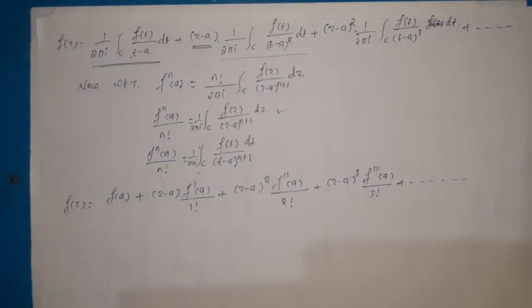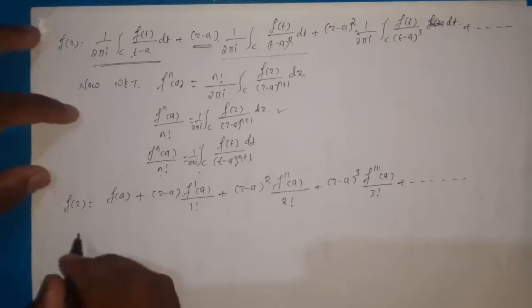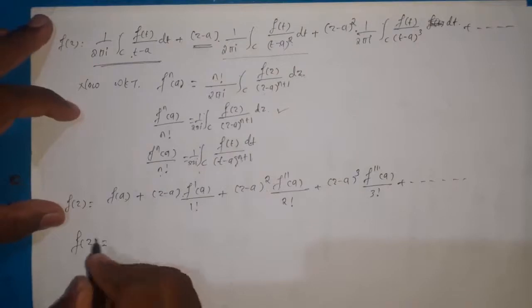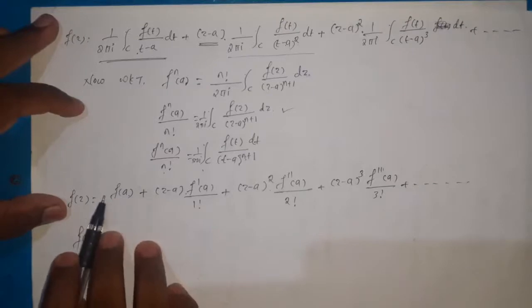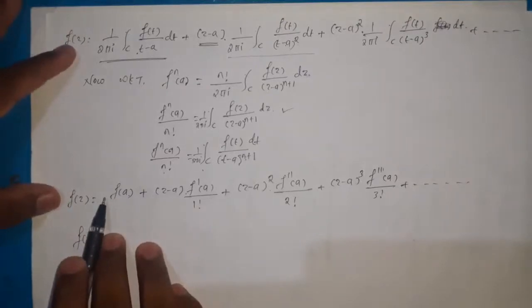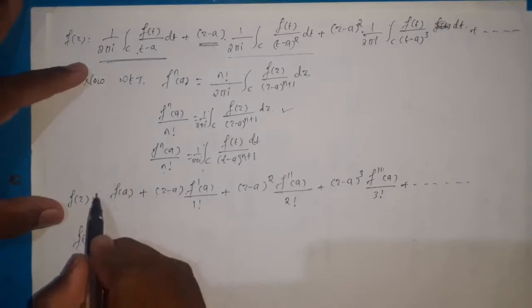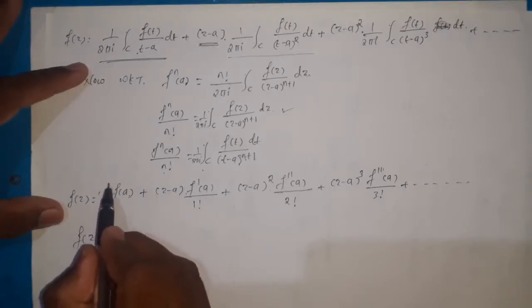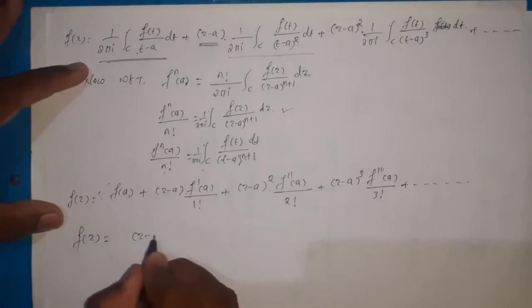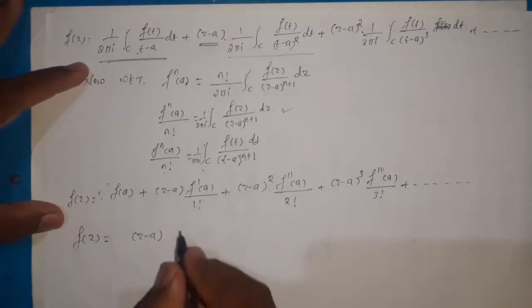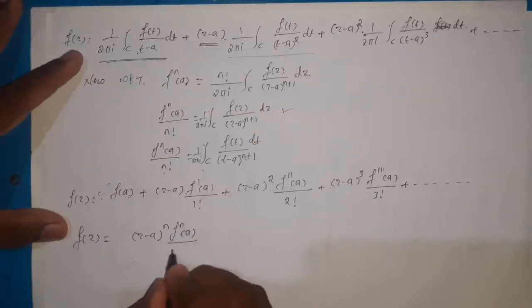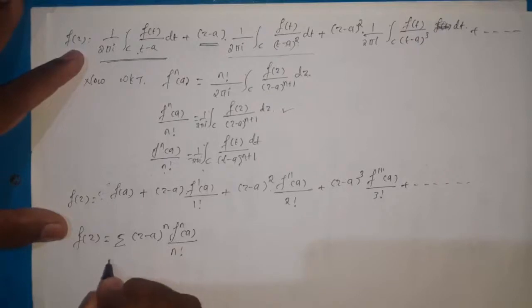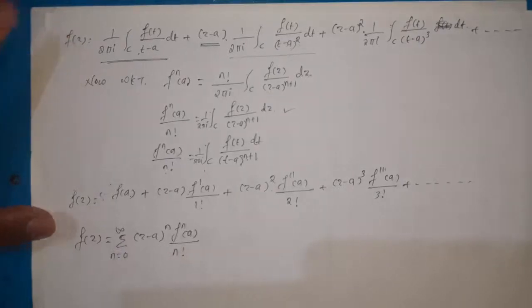Now this series can be written in terms of summation. Therefore f of z equals the sum of z minus a whole power n times f power n of a divided by n factorial, with n equal to 0 to infinity.